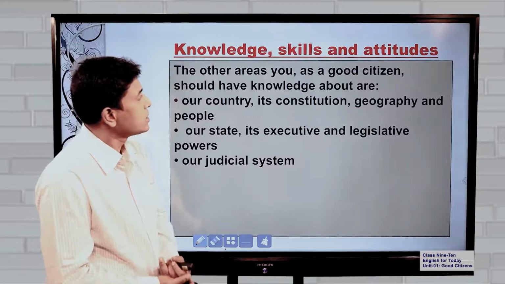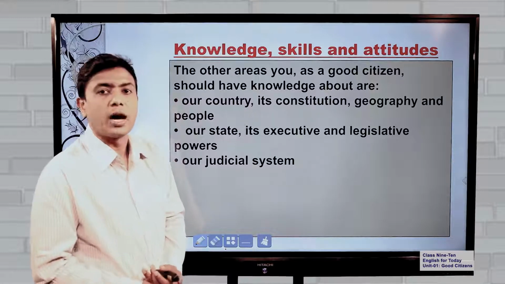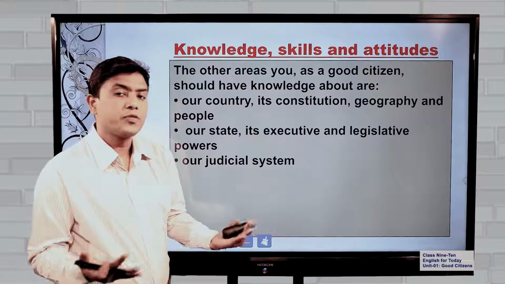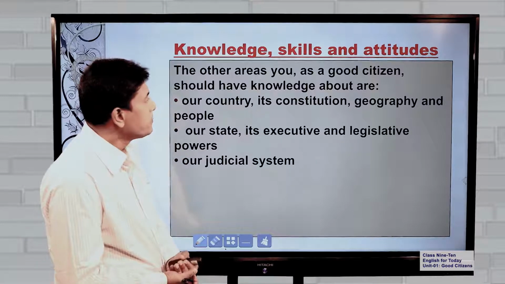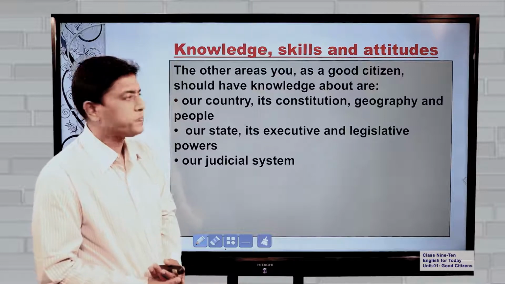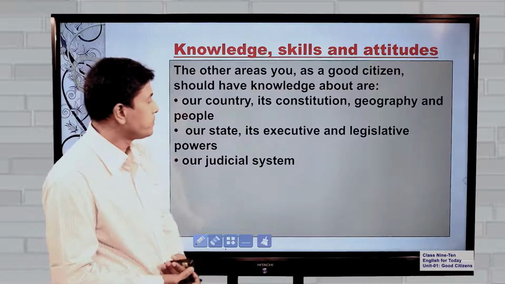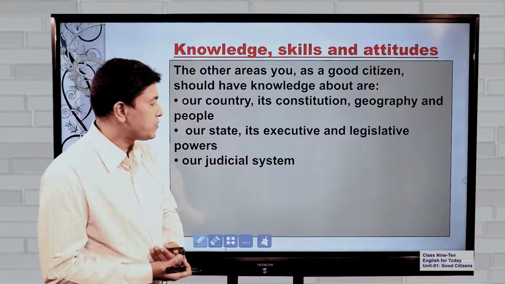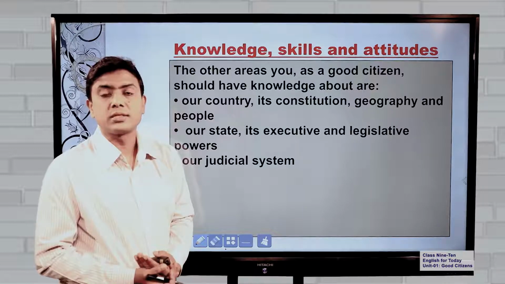The other areas you as a good citizen should have knowledge about are. Now, what kind of knowledge should you gather? See, you have to learn about our country, its constitution, geography, and people, our state, its executive and legislative powers, and also our judicial system.